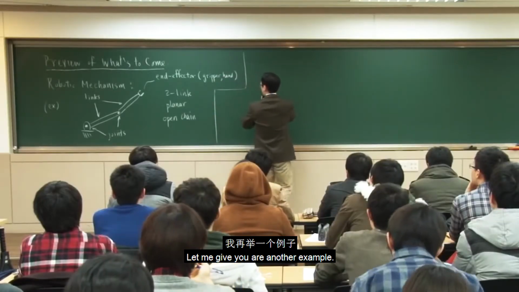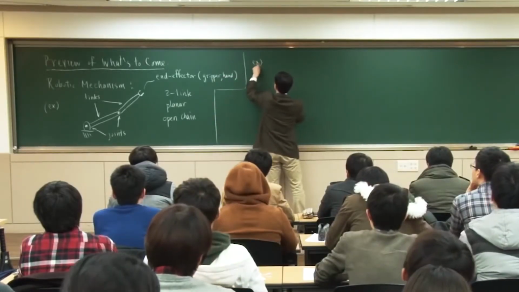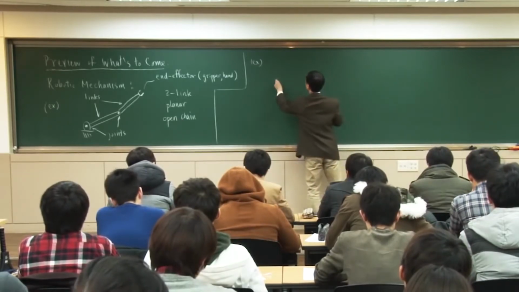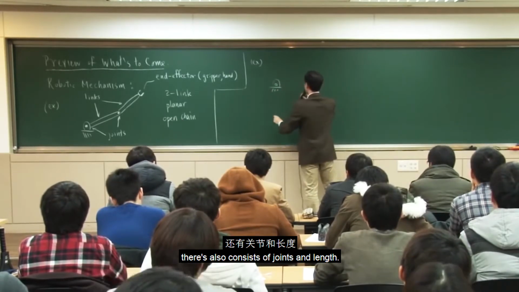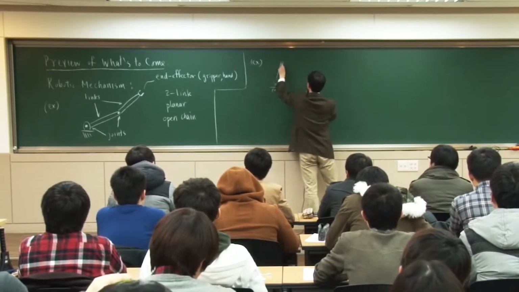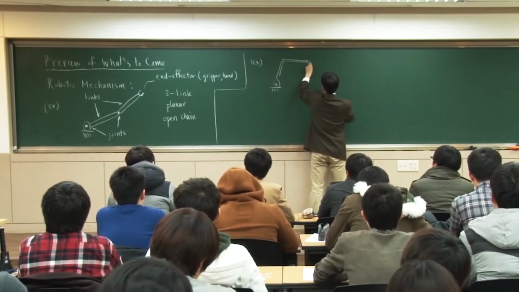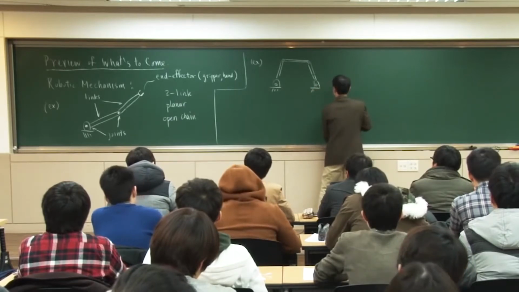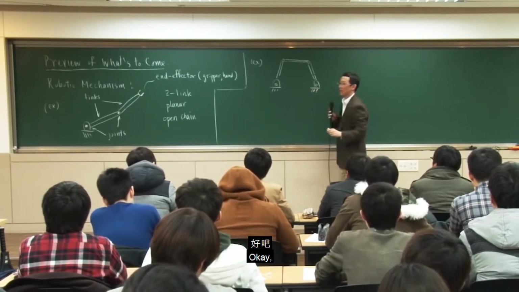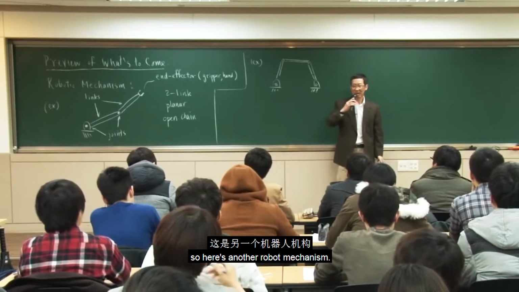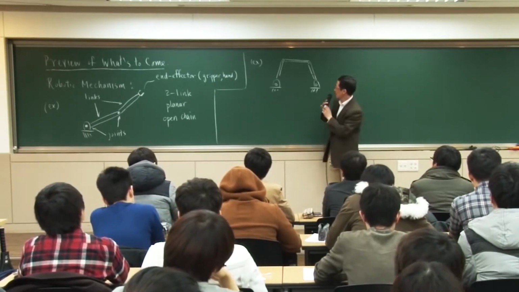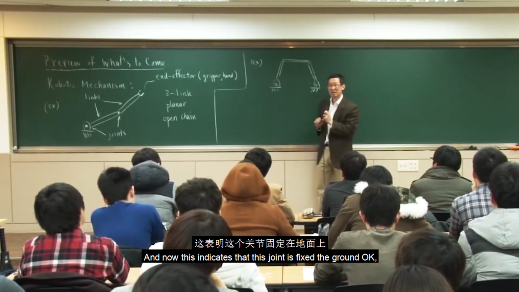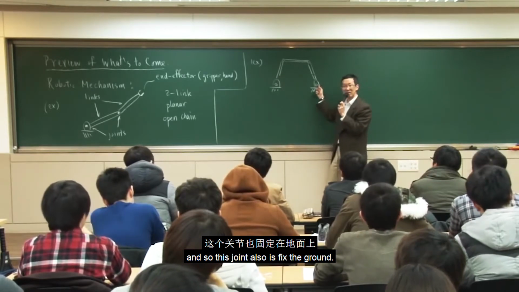All right, let me give you another example of a robot mechanism. Okay, this also consists of joints and links. Sorry about that. Okay, so here's another robot mechanism. And now this indicates that this joint is fixed to ground. Okay, and so this joint also is fixed to ground.